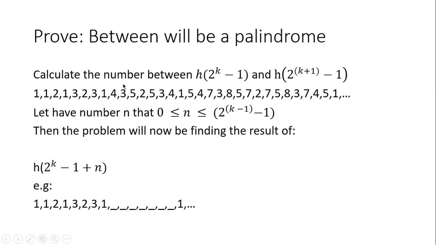Proving the palindrome between them is a little bit difficult, but you can see it right now. So the problem would be to calculate the numbers between 2 to the power k minus 1 and 2 to the power k plus 1 minus 1. So imagine you have a number n that is greater than or equal to 0 and smaller than 2 to the power k minus 1.